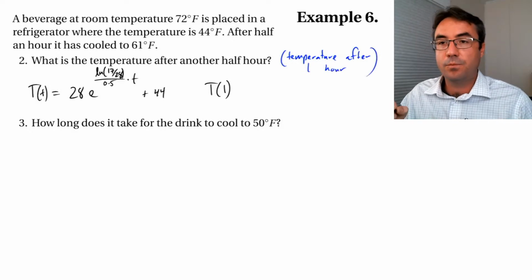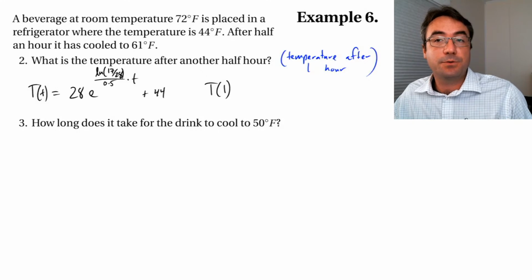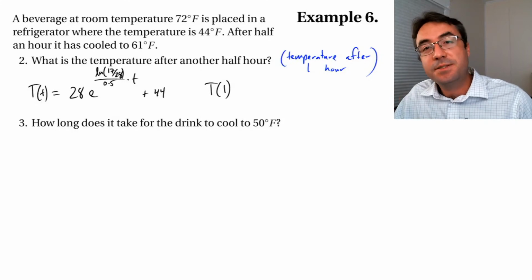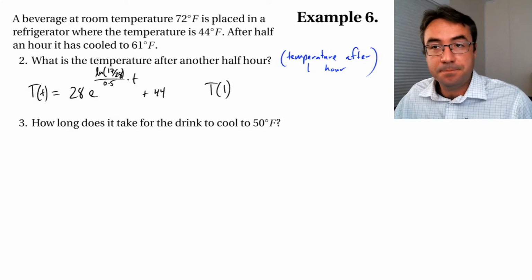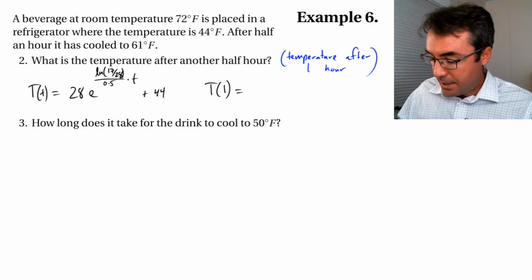So since our units, we've chosen them to be hours, we're going to evaluate our temperature function at T equals 1. If we had done minutes, then we'd be plugging in 60. So we just need to be consistent.